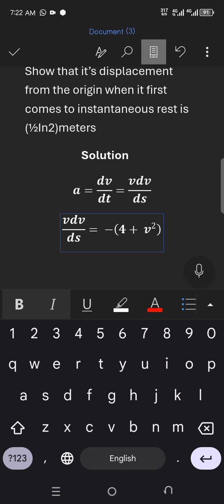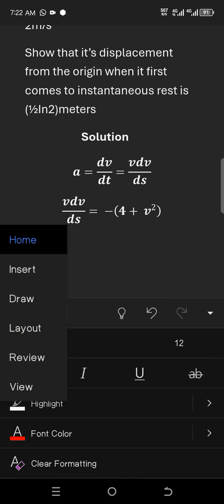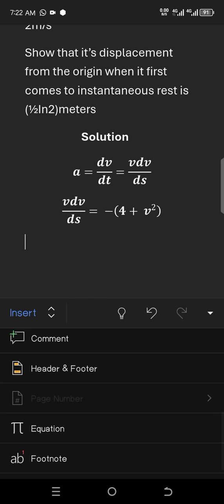From here I just need to separate variables and integrate and find my displacement in terms of my velocity. I will divide both sides of this equation by 4 plus v squared, then multiply by ds.